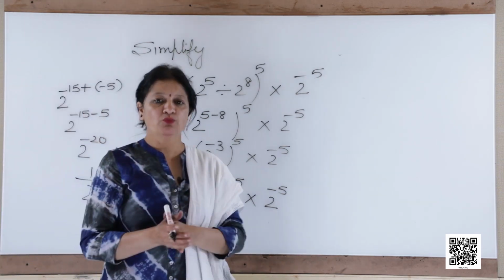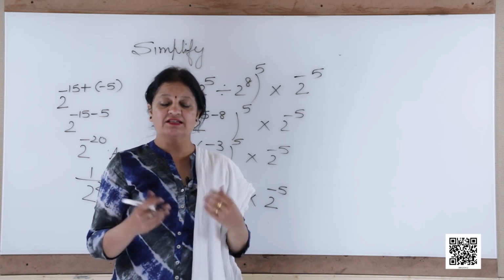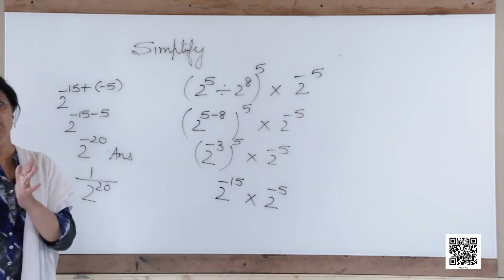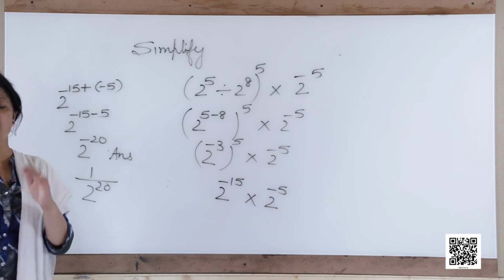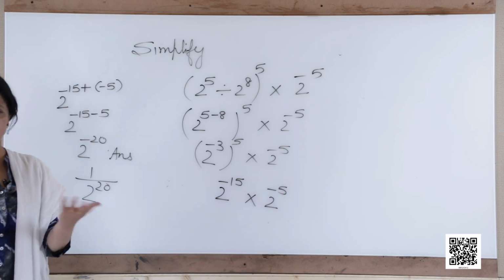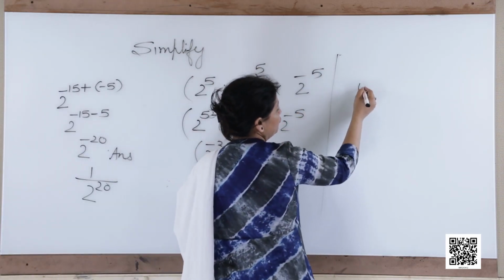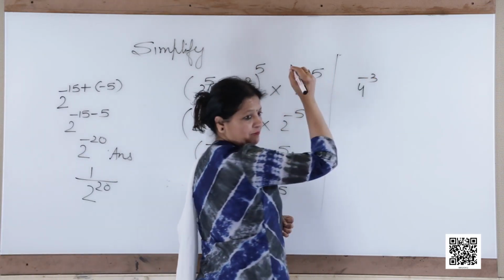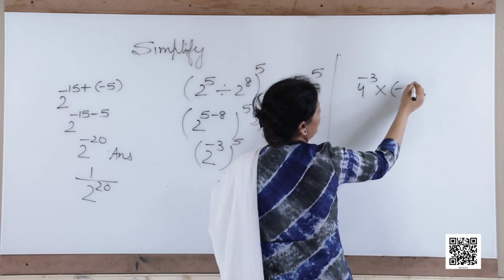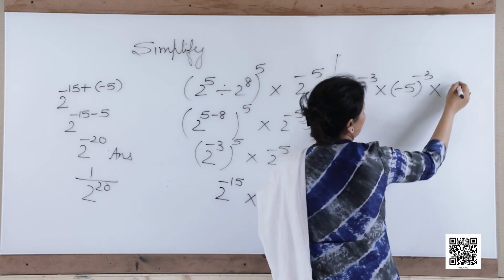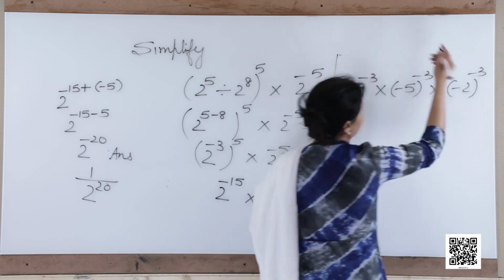Let's take one more example from your exercise only. Now, we have done that if two bases are different and the power is the same, we can multiply. Let's try it. For example, 4 raised to the power minus 3 multiplied by minus 5 raised to the power minus 3 multiplied by minus 2 raised to the power minus 3.